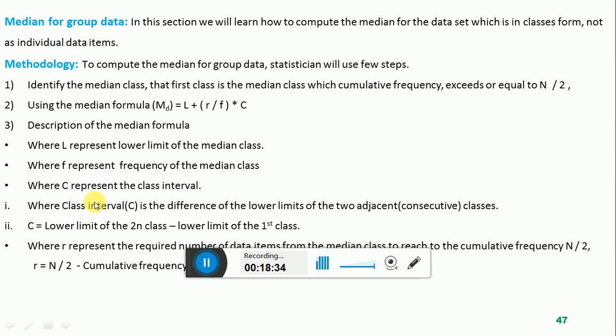What is the class interval? The class interval C is the difference of the lower limits of two adjacent or consecutive classes. What is C? This is the difference of the lower limits of two consecutive classes.